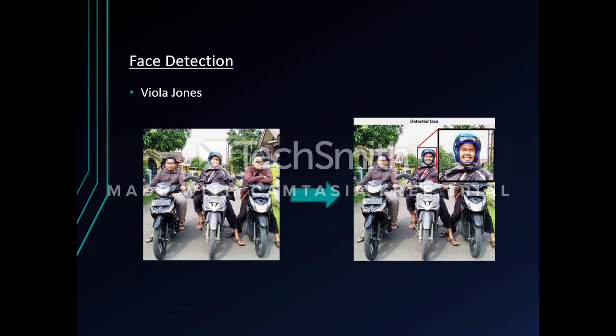And this is the face detection illustration in Viola-Jones. When the classifier finds a face, it informs us that there is a face.